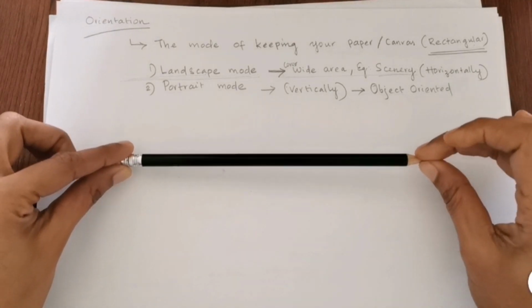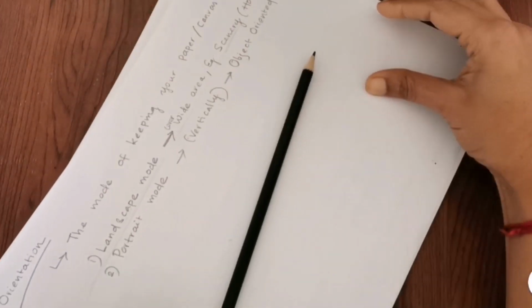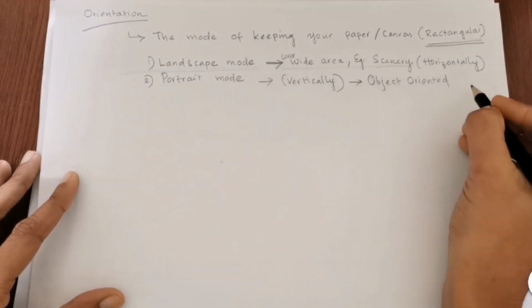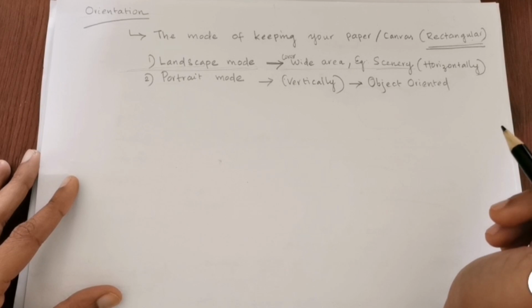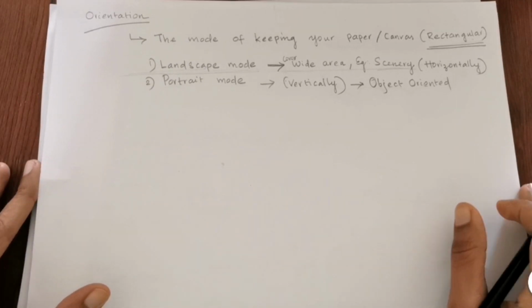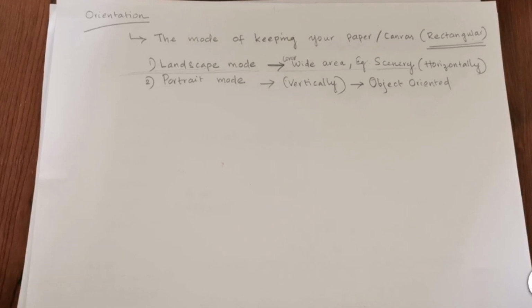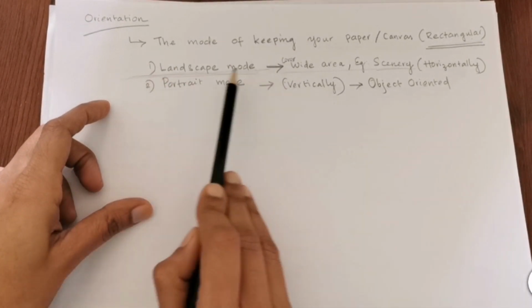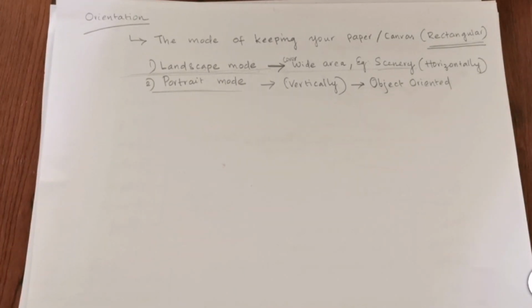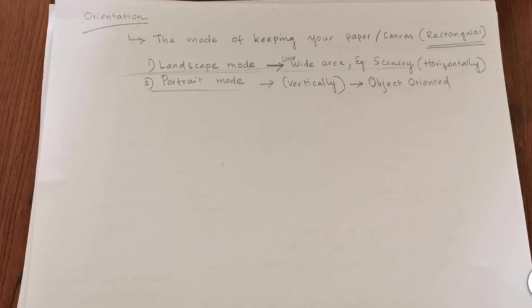Like if you want to show a single thing, maybe a flower vase or just a flower or any object, you need to keep it like a close up, or a face. So portrait basically is for a head, face, like that. All these much more focused object oriented drawings you will be doing in portrait mode.